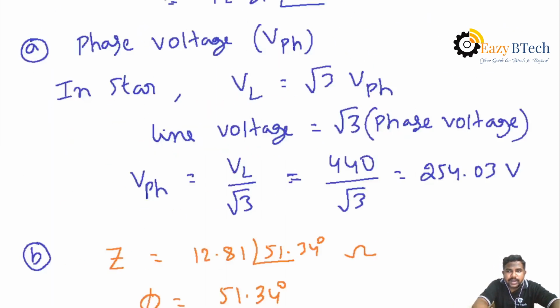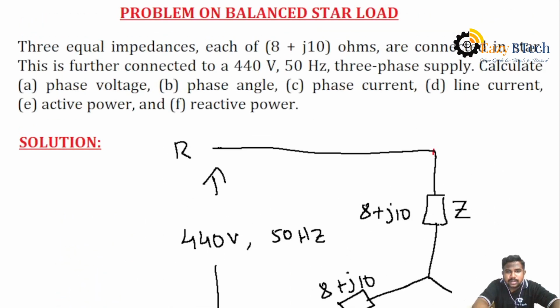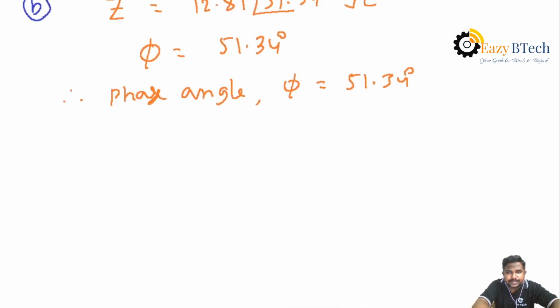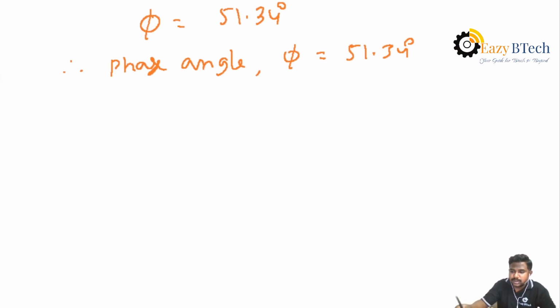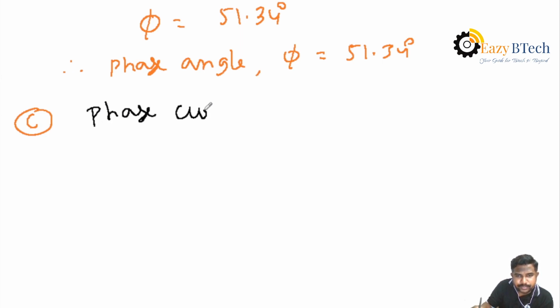What about the third value here? You have to find out the phase current. That is the C bit. What is the phase current in this star connection?